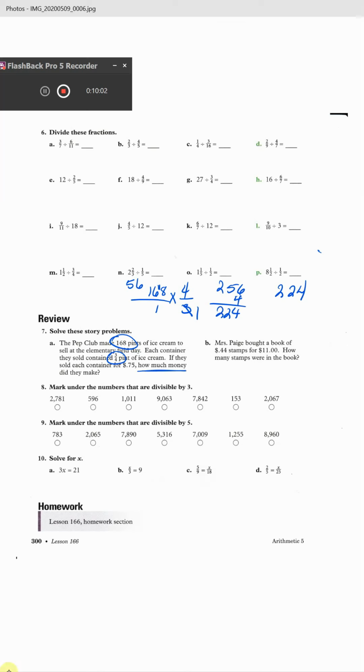At this point, we know how many containers. That's not it though. They want to know how much money they made. Each of those containers went for 75 cents.